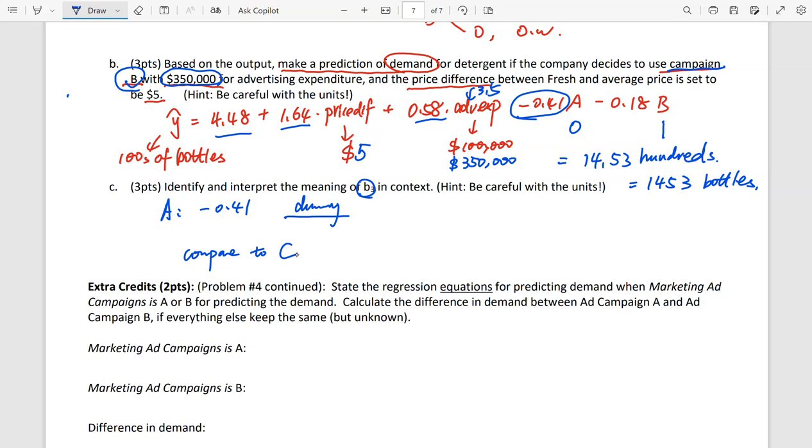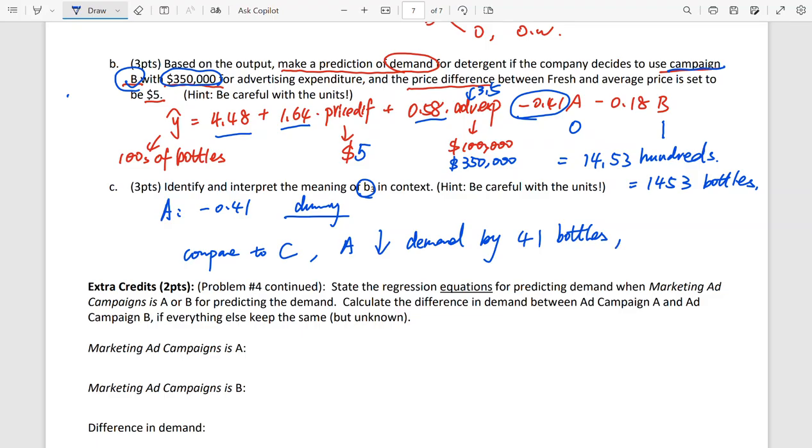In this case, compared to campaign C, using campaign A will decrease the response variable, the demand, by how much? By 0.41 units, but the unit is hundreds of bottles, so it will decrease by 41 bottles.